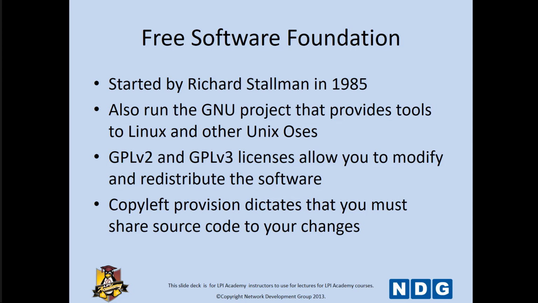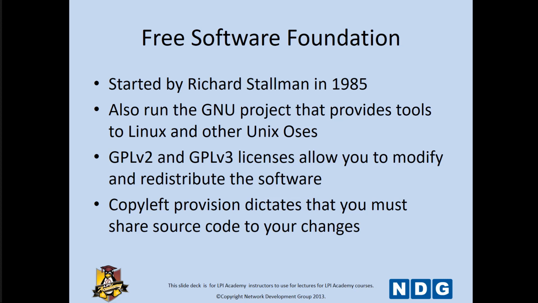The GPL v2 and GPL v3 licenses allow you to modify and redistribute software. GPL are the different types of licensing, and they've been upgraded to version 2, version 3, and so forth. The copyleft provision dictates that you must share the source code of your changes.